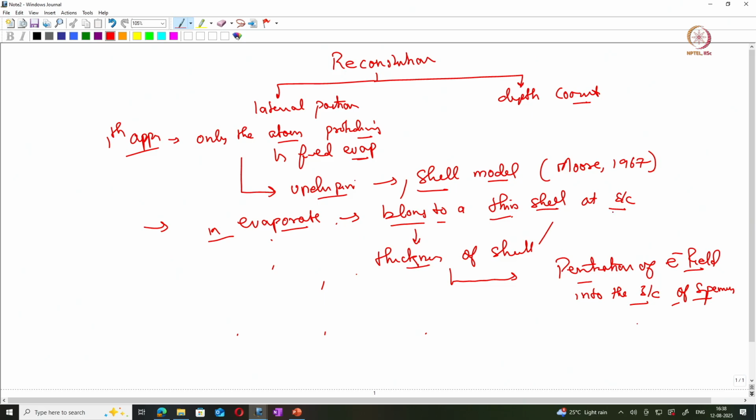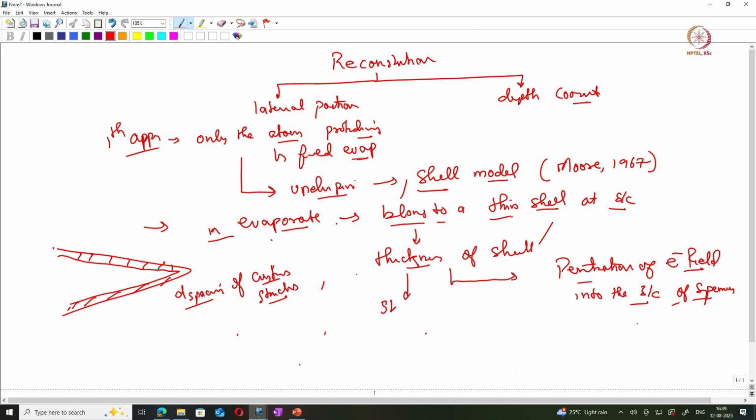The thickness of the shell is directly related to the penetration of the electric field into the specimen surface. This penetration depth is much less than the d-spacing of that particular crystal structure. This thickness corresponds to the skin depth.